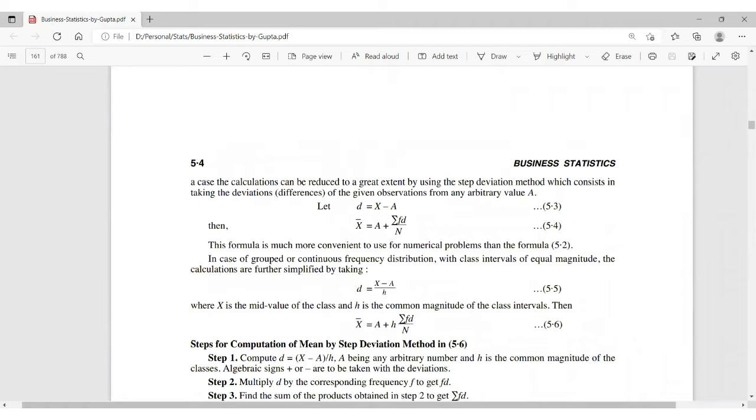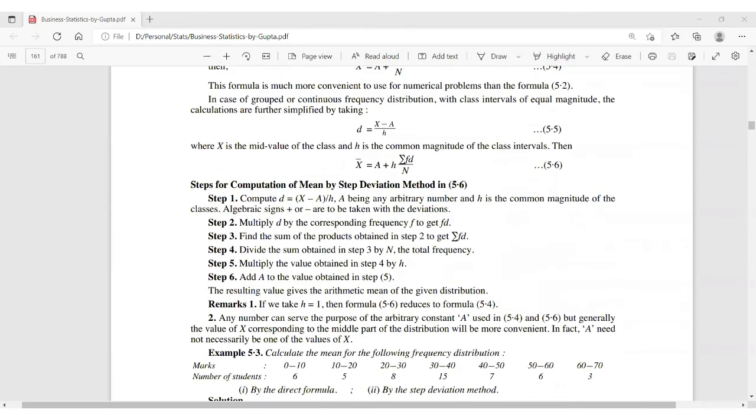Step division method. Is that clear? Yes, sir, clear.